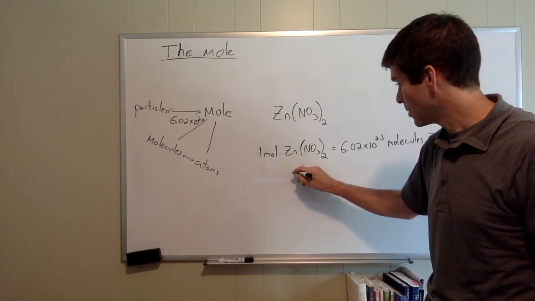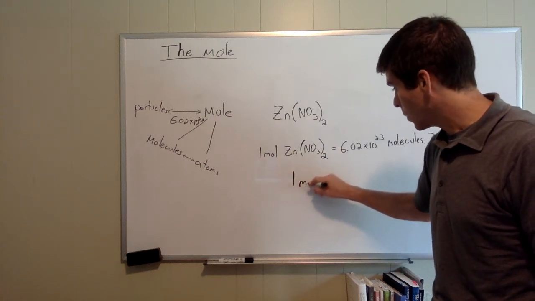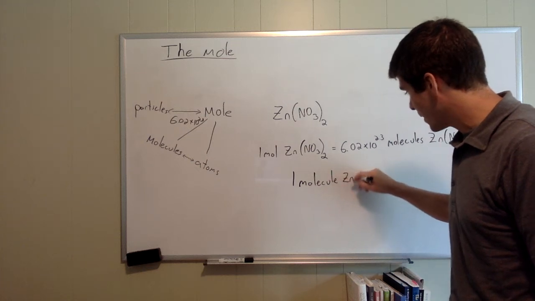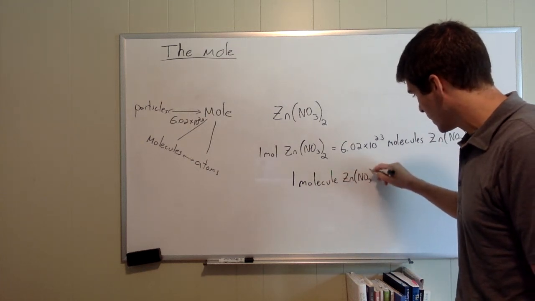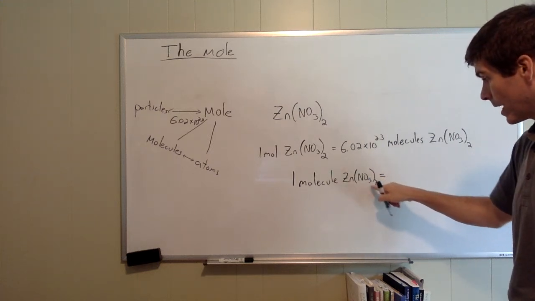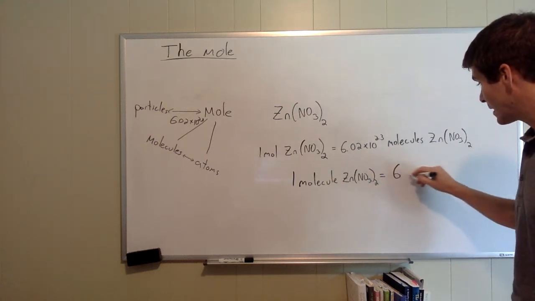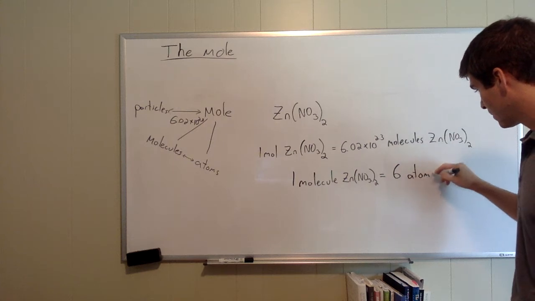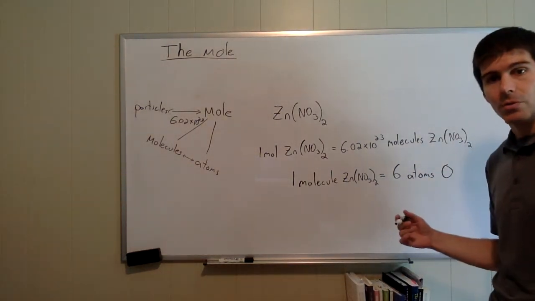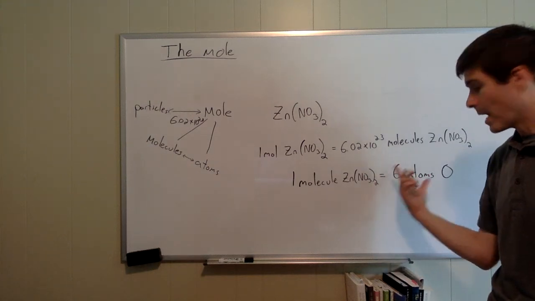I'm not setting up the math, just thinking that 1 molecule of zinc nitrate actually has 6 oxygen atoms, 3 in each nitrate, so 6 atoms of oxygen. So there's a way that we can take a conversion factor right out of the molecule.